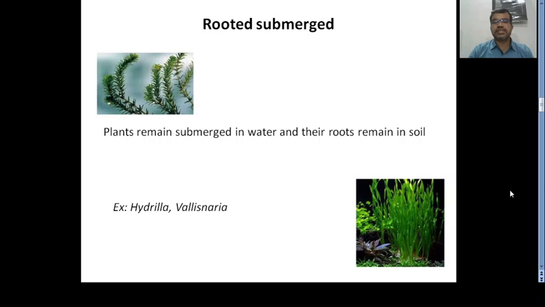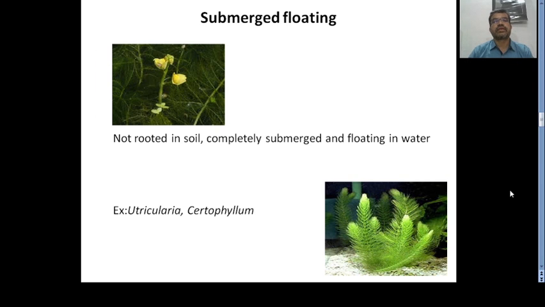So rooted submerged means these plants are completely inside water, but their roots remain in soil. They are firmly grounded in the soil. The examples are Hydrilla and Vallisneria. Submerged floating.